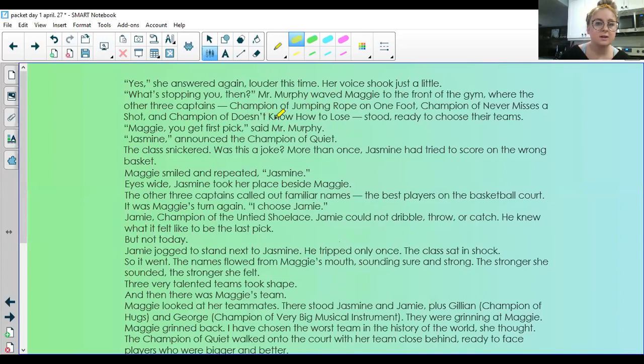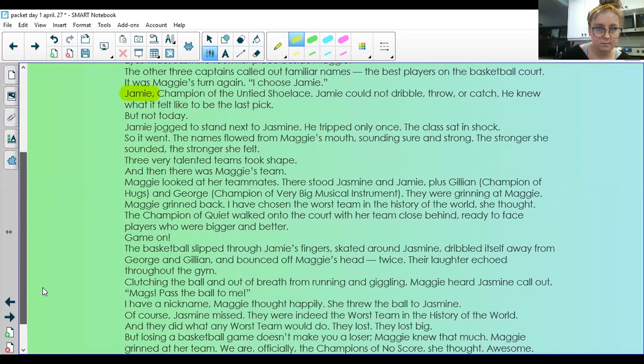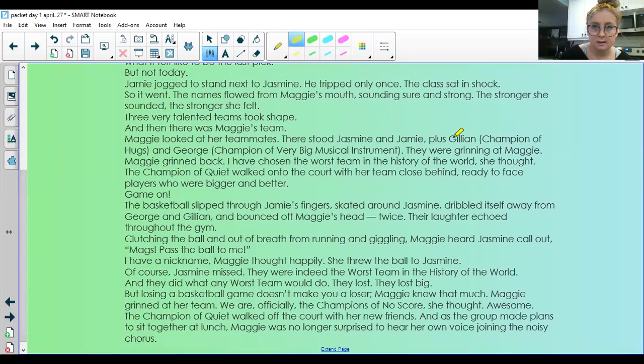They talk about the other three captains, but they don't say their names. And then they talk about her team. So she is Jamie. Okay, Gillian, George. Okay, and I think that is it. So those are all of our characters. We have a lot of characters.